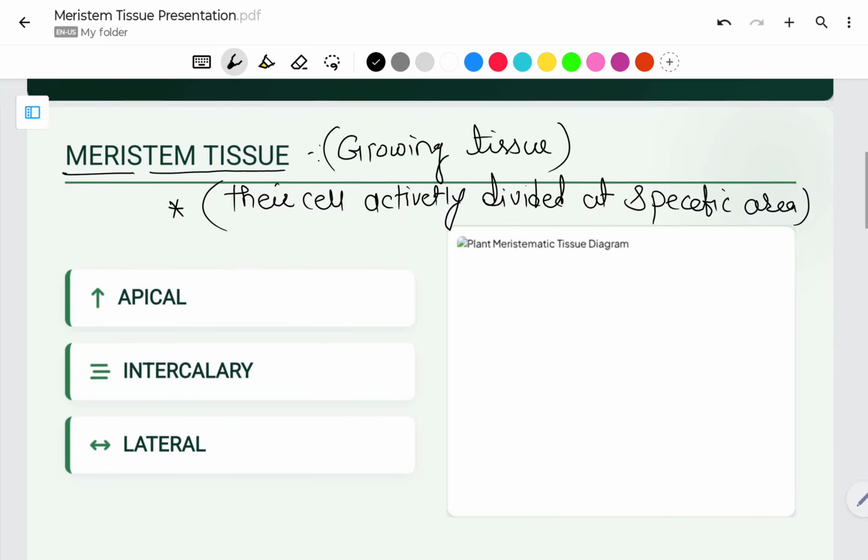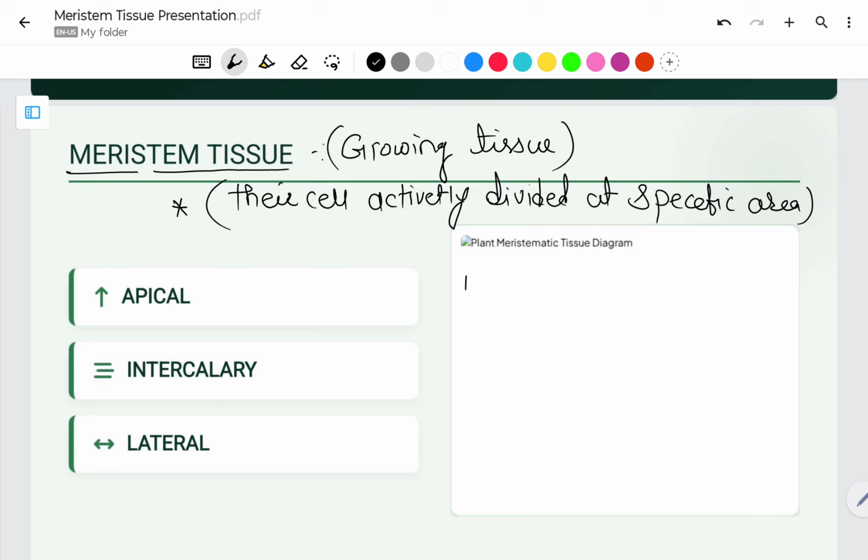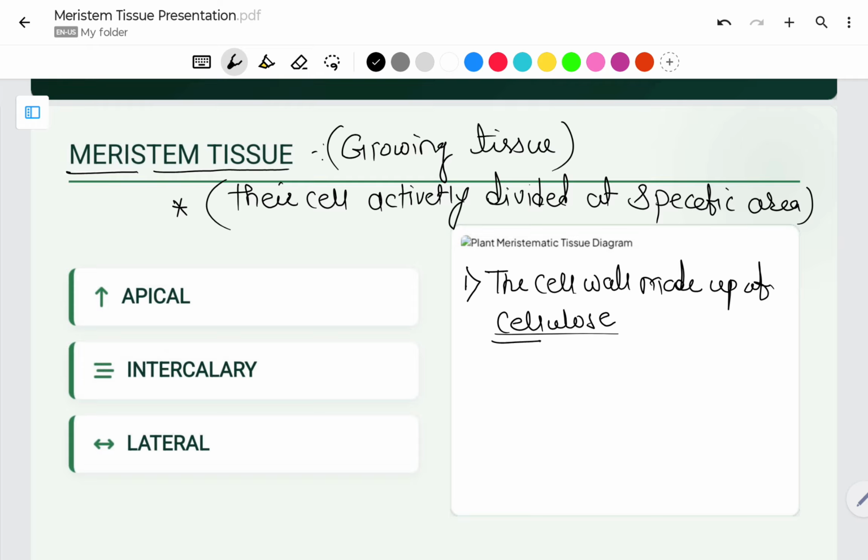The first characteristic of meristematic tissue is that the cell wall is made up of cellulose. Cellulose is a type of sugar.